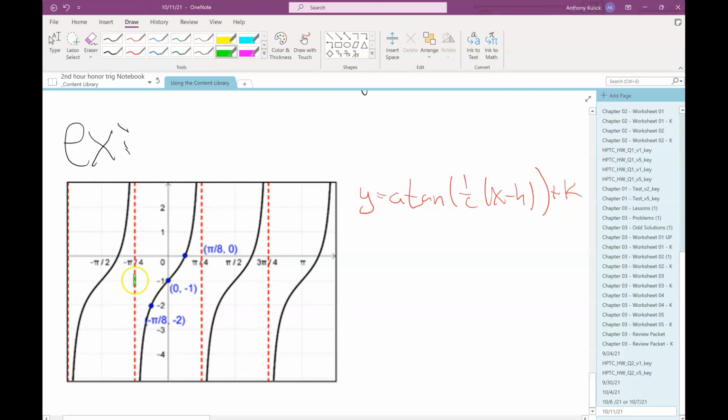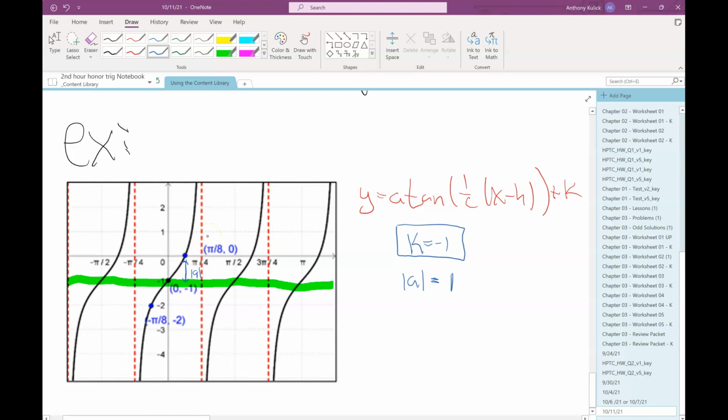So my first order of business is to identify my midline, which is right here, which tells me then that k is equal to negative 1. My a value is going to be to these points, back to the midline. So that is going to tell me that my a is 1, going from negative 1 to 0.